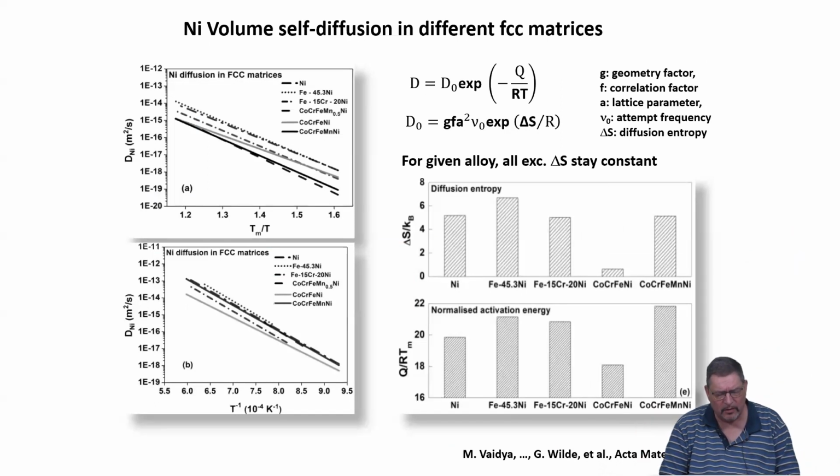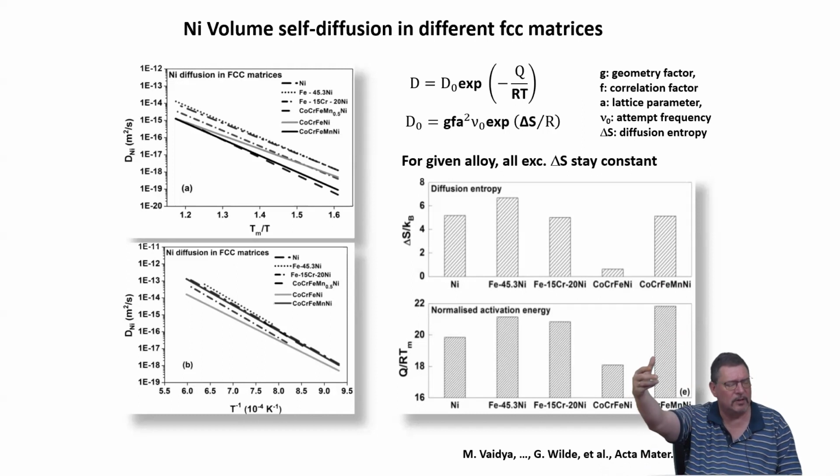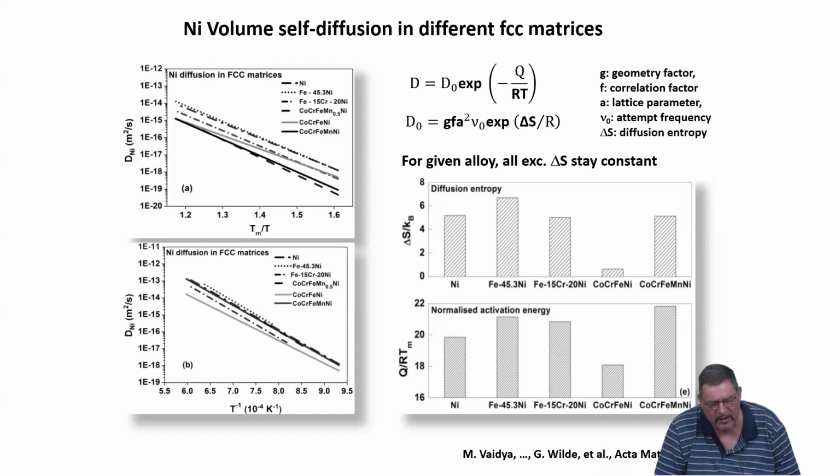And just for nickel diffusion, we compare nickel self-diffusivities in different matrices, meaning we go all the way from pure nickel up to the high entropy system. And you see here pure nickel is the darkish black dashed line, and the high entropy system is the dark black solid line.